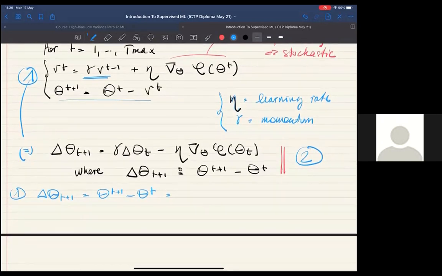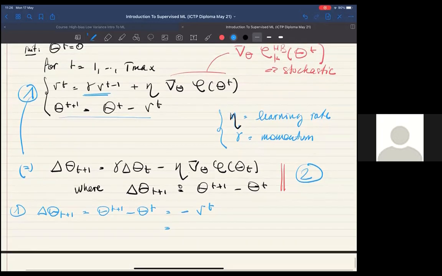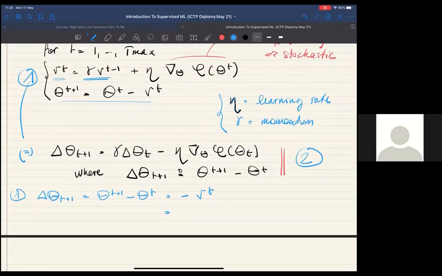We look at this update here. This is minus v of t, okay? And we look at the definition of v of t, the first update rule, and this gives us minus gamma v t minus 1 minus eta gradient of the cost.